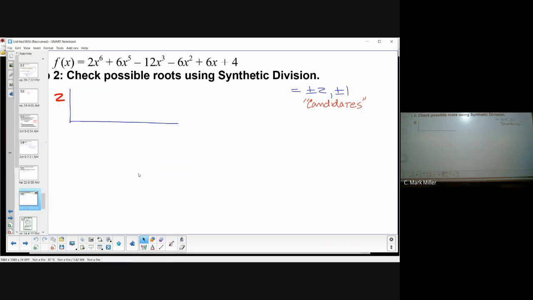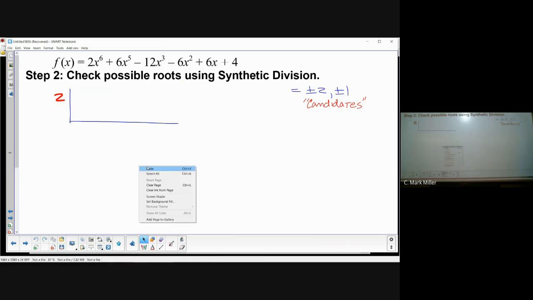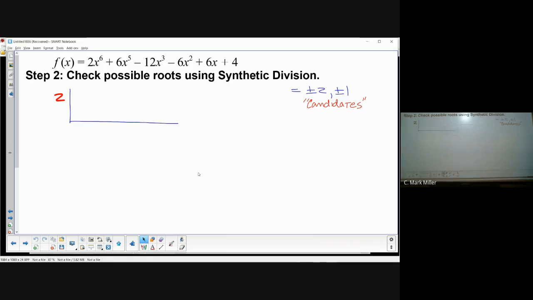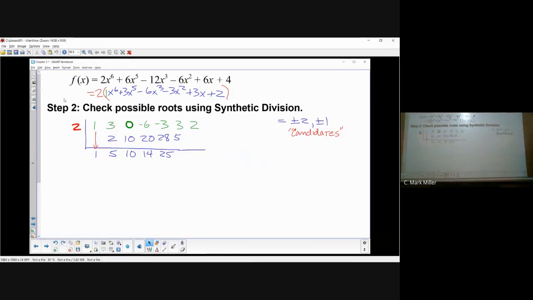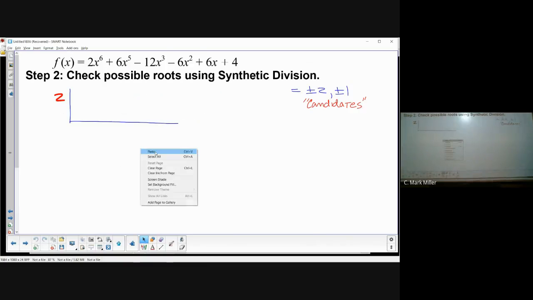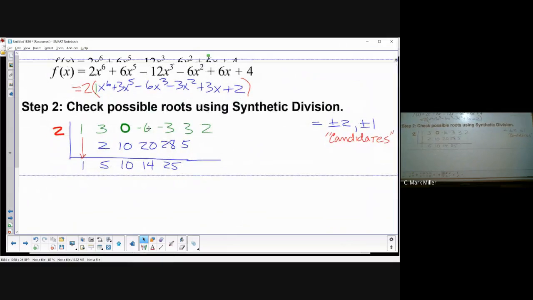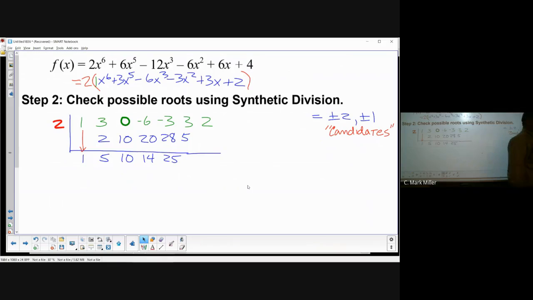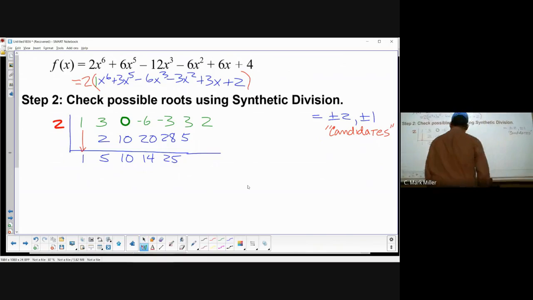Okay, here, we're going to do that. Copy. Paste. All right. We got lucky. We saved some work.